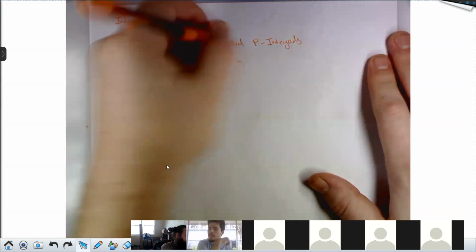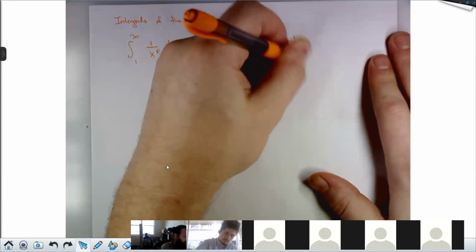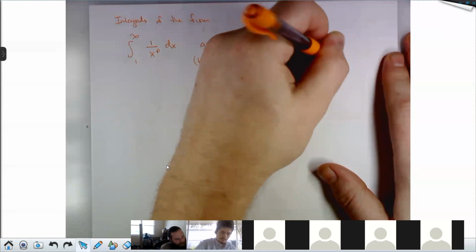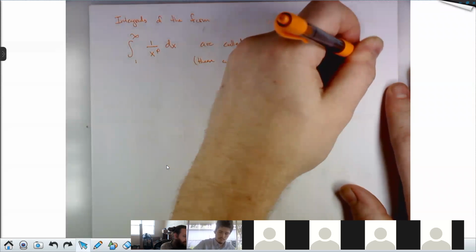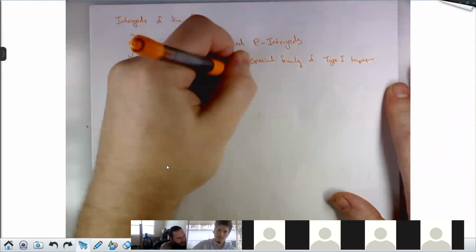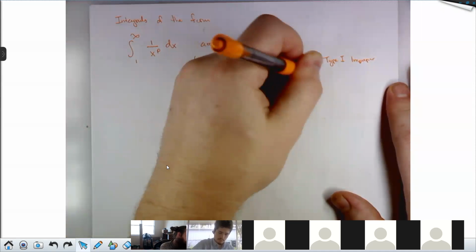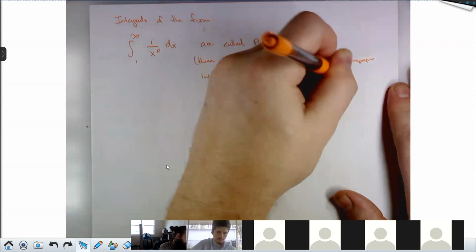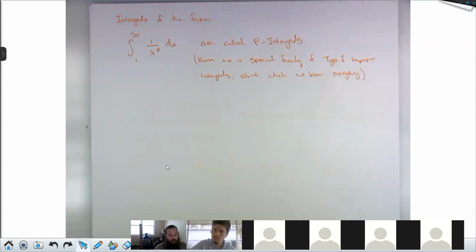These are a special family of type 1 improper integrals about which we know everything. What I mean by that is I can tell you exactly for what values of p these converge and exactly for what values of p these diverge.